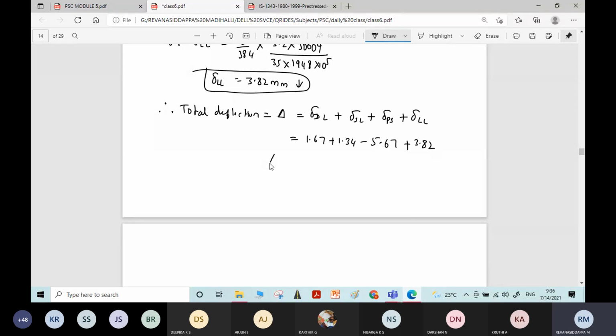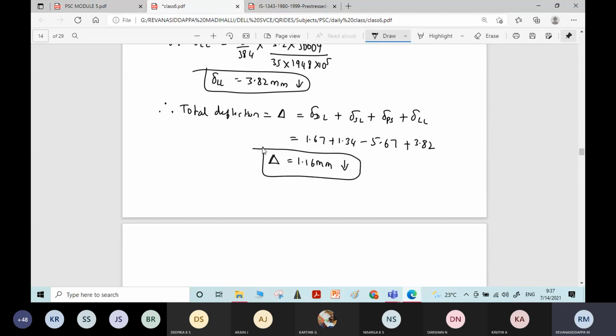What is the final answer for unpropped construction? 1.16 mm. This is the final deflection.